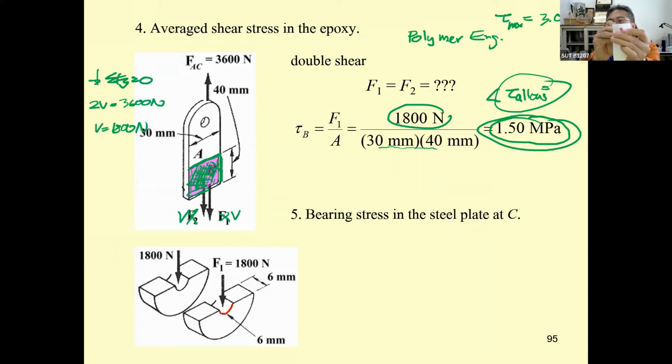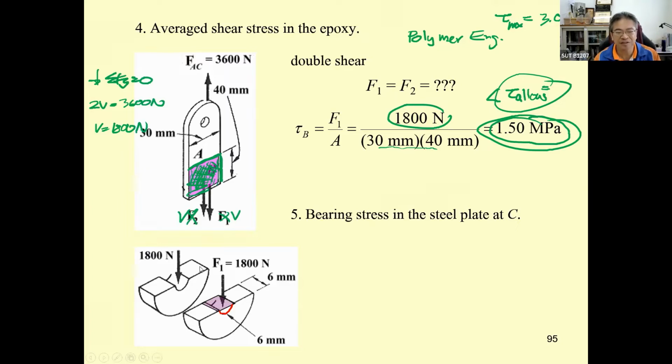Since the plate is too thin, it may cause this kind of bearing failure. Usually, if we consider it, it is supposed to be in this red area. But to make it simple, they just use the diameter of this hole to represent the failure area.